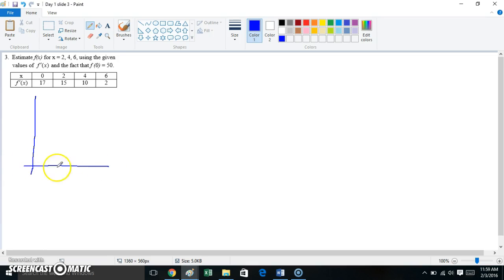We don't have f prime values on smaller intervals like we did in our last problem where they're 1 unit apart, but we do have 2 units apart. So 0, 2, 4, and 6. We have our f prime values, and I'm just going to go ahead and make a little graph of these. It's not going to be really accurate, but for a visual representation that will help.